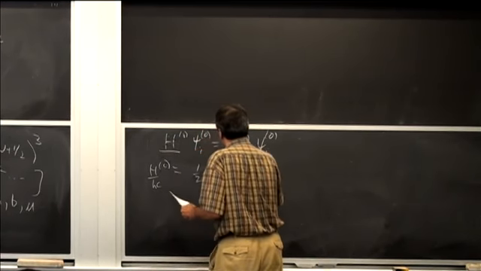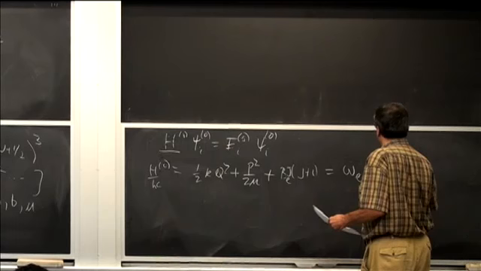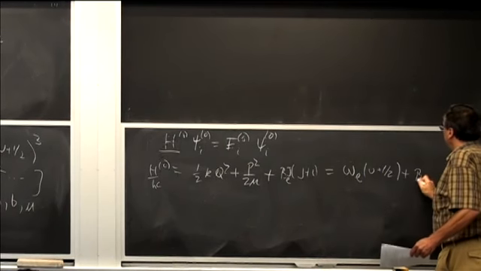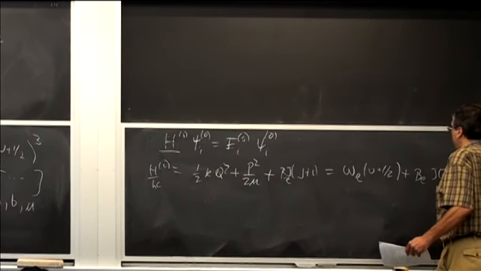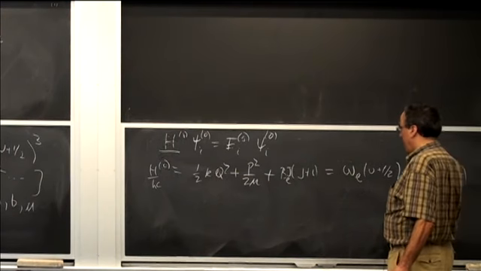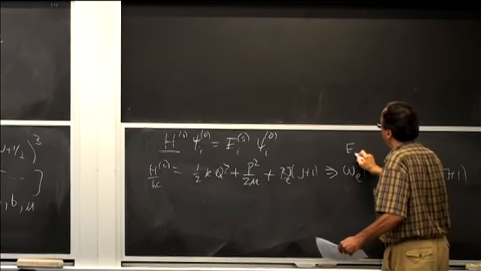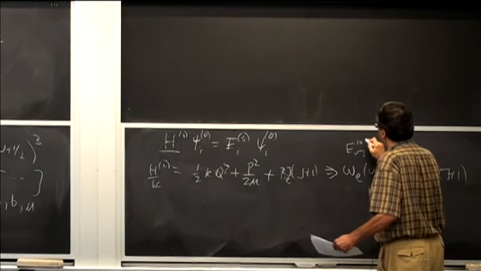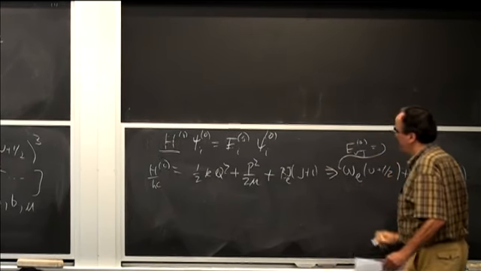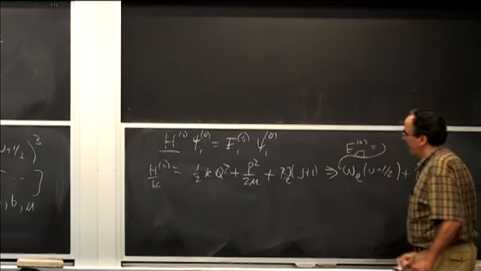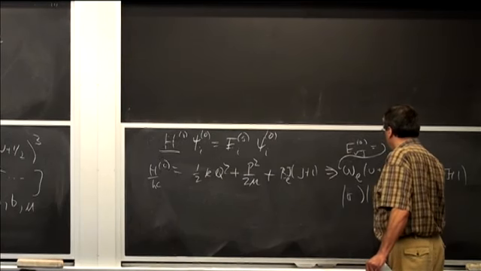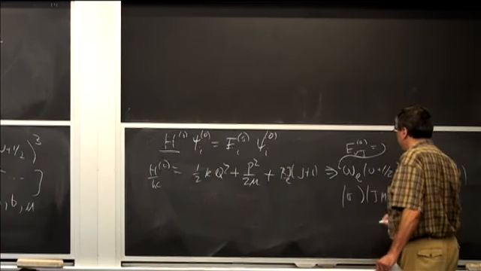And so the zero-order energy levels are omega_e (v + 1/2) plus B_e J(J + 1). That gives you E_{v,0,J}, equal to that. And you get eigenfunctions, which are |v, J, M_J>.